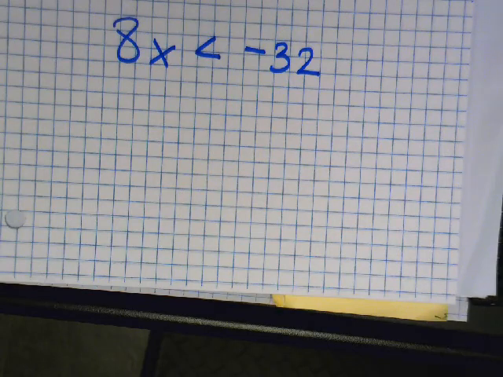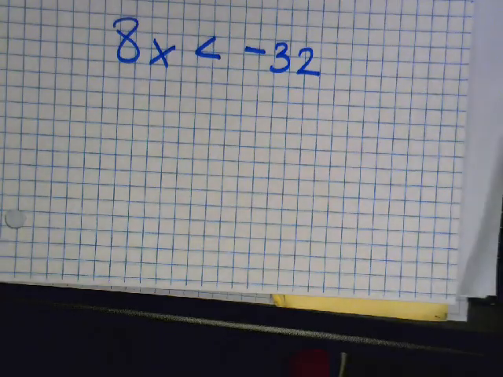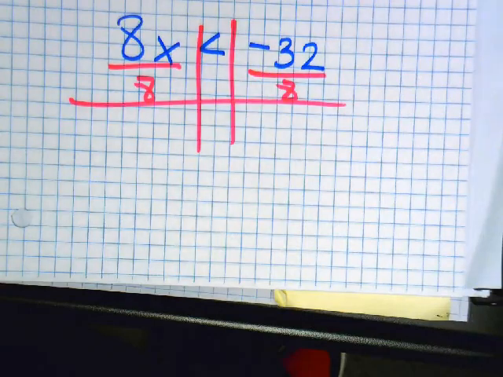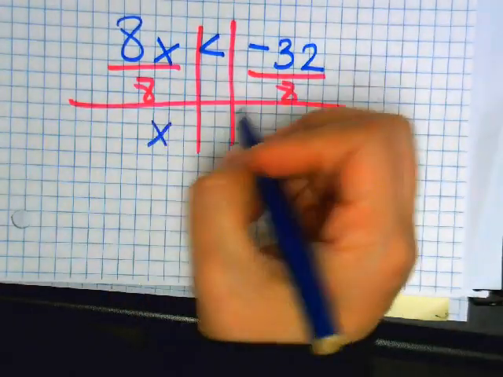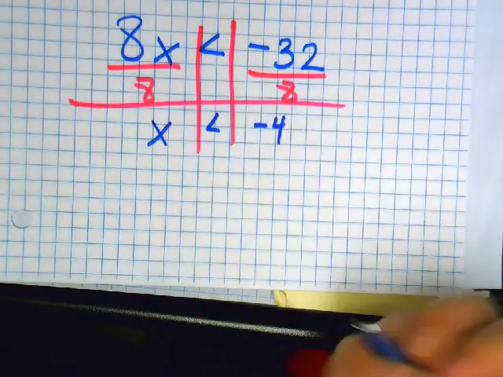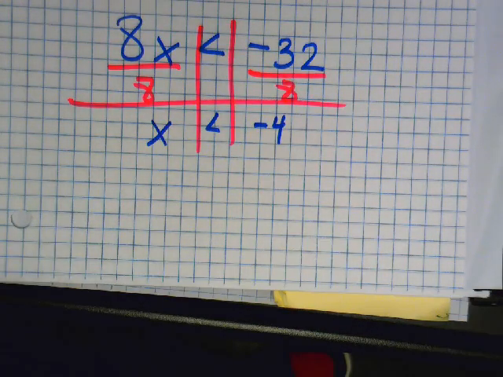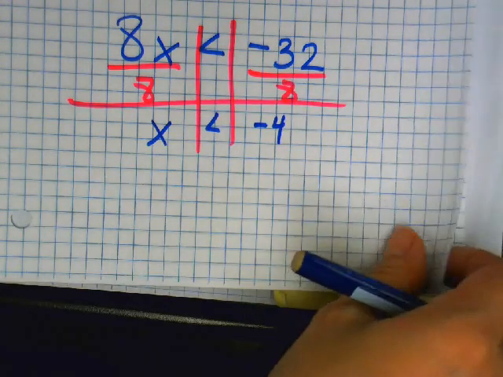I'm done. These are kind of easy. Yeah, they are, right? So x, what? Less than negative 4. Very, very good. You even got the vocabulary down for that. All right, that's the first half of the notes. Now the second half.